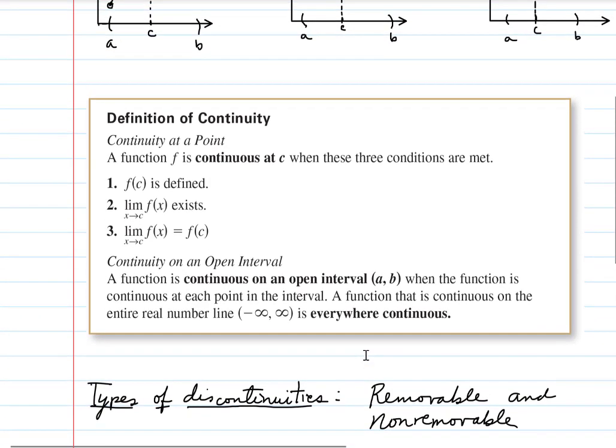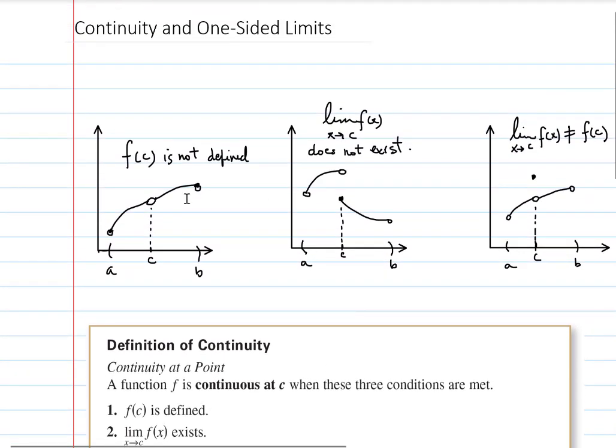We have a removable discontinuity when, if we take our examples here from the top, you are able to either define or redefine the function in such a way that you can fill in this hole to make the function continuous. So if we just define f of c to be this y value here, so that f of c fills in this hole, then this function will be continuous.